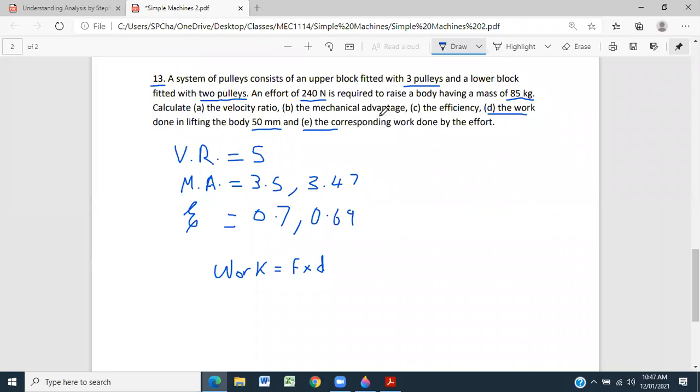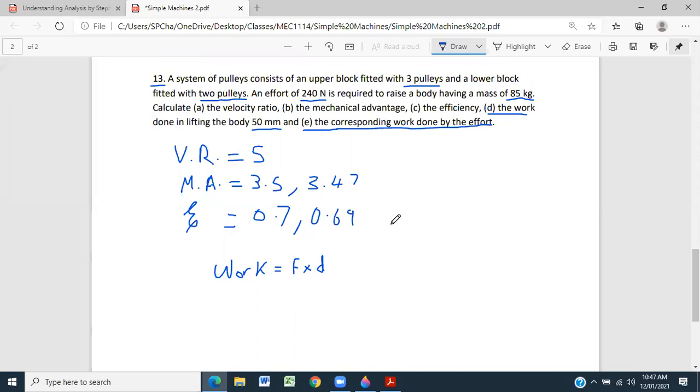Okay. But to find the corresponding work done by the effort, you want to use efficiency. So you have to divide by the efficiency.